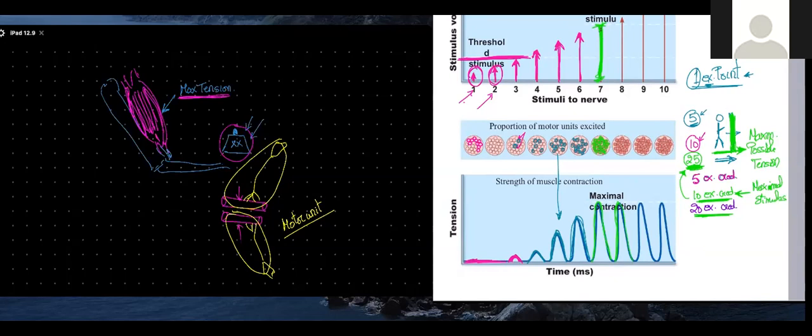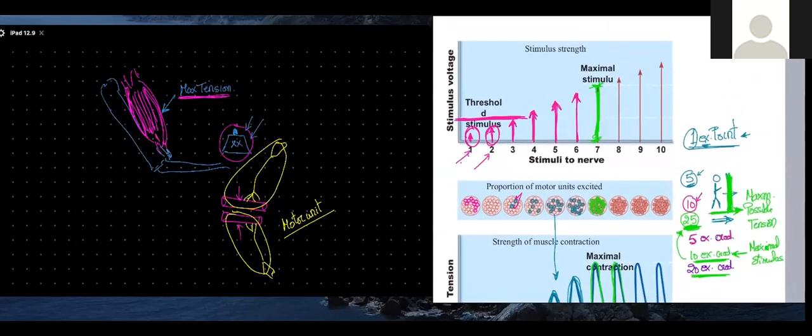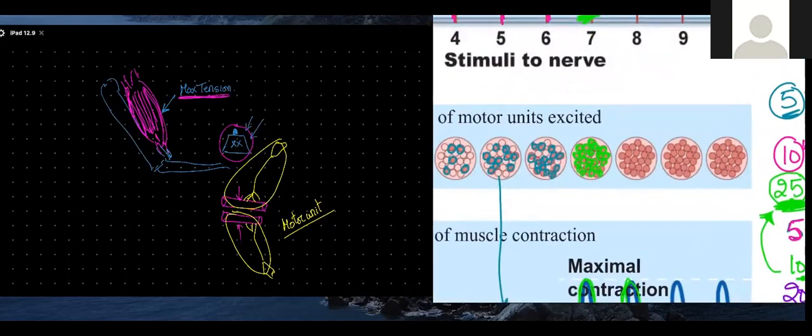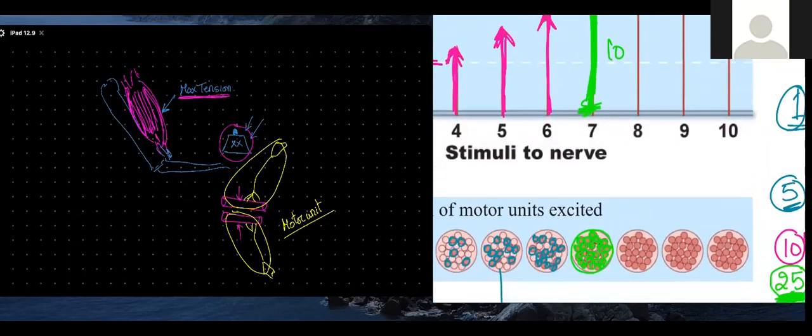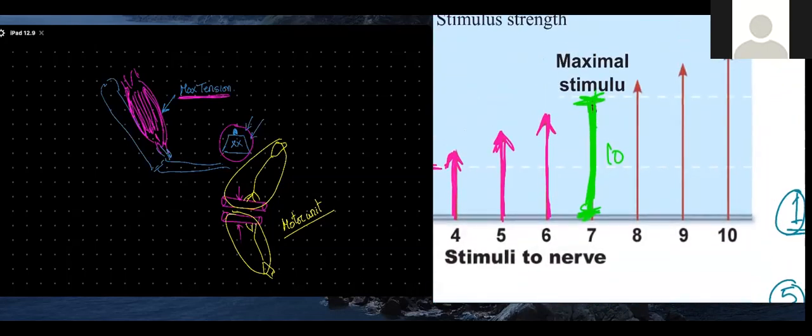All right, so again, what we're looking at in here. Maximal stimulus will do what? Let's say 10 extra credit points is the maximal stimulus. It did recruit all of you, all the muscle fibers located within this muscle have been recruited, creating a maximal contraction. What if I did give a stronger stimulus, stronger than the maximal stimulus?